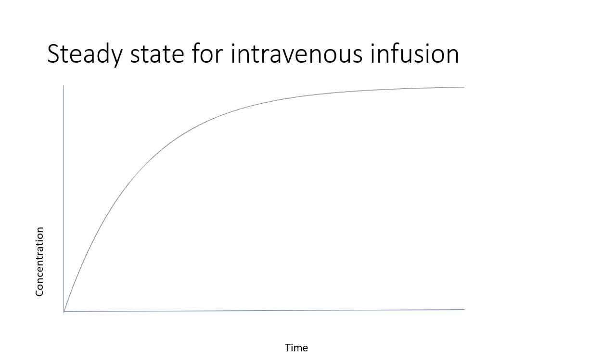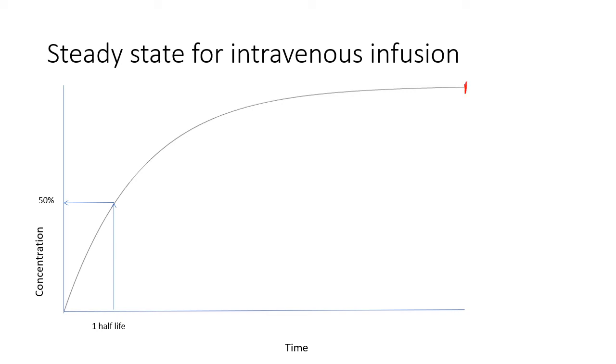Imagine here that we're giving an intravenous infusion. This might be someone in intensive care who, for example, is getting an infusion of something like insulin or adrenaline or an antibiotic. Then what happens is that after one half-life, by definition, they get to 50% of the concentration they're going to achieve.